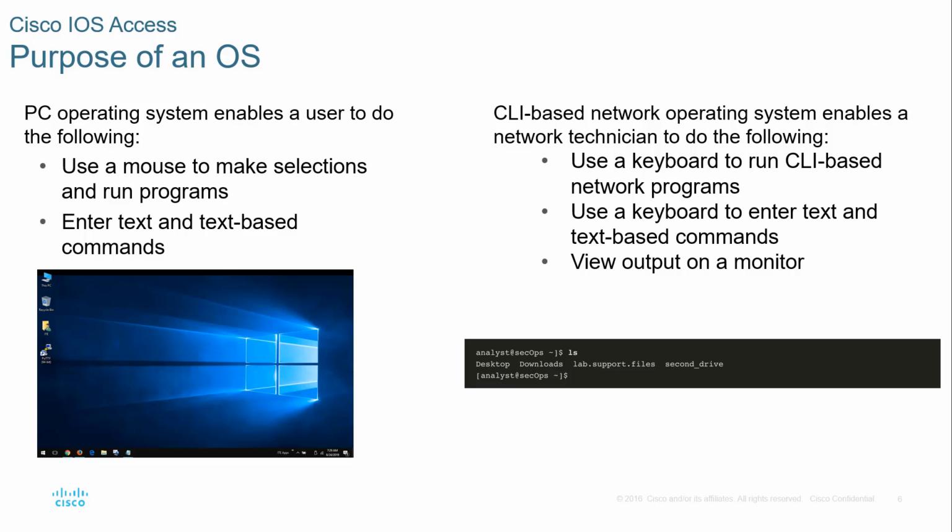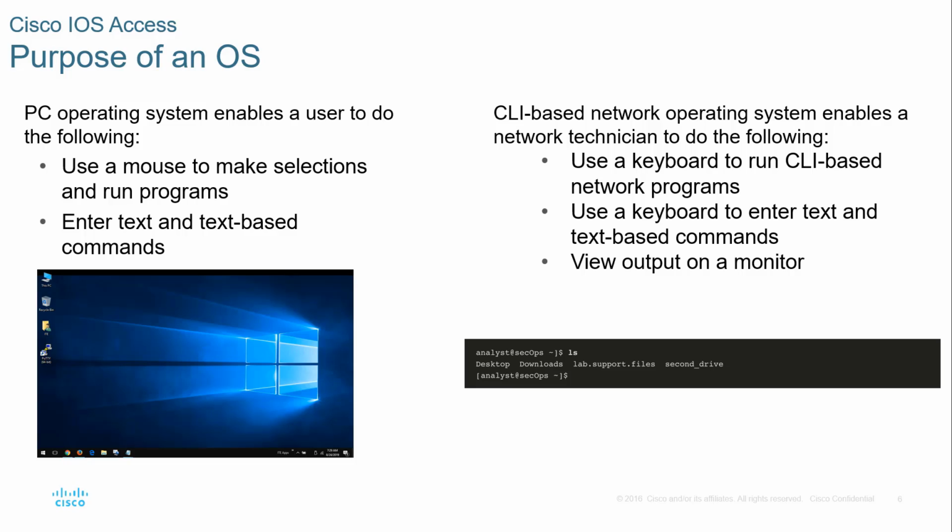In certain operating systems, they don't have a graphical interface, so you can actually choose not to deal with a graphical user interface if necessary. Most Cisco networking devices that we will be dealing with are strictly command line only.